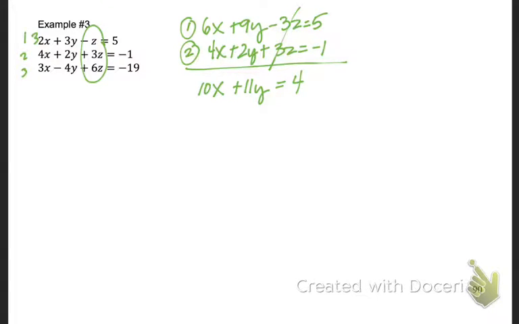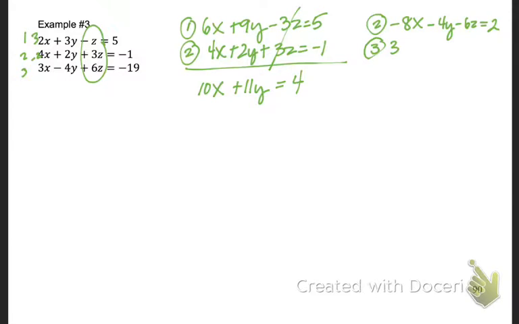The next two, let's choose 2 and 3. Or you could also do 1 and 3 and just multiply 1 by 6, either one. But if I chose 2 and 3, I'd multiply this one by -2. So I have -8x minus 4y minus 6z equals 2.